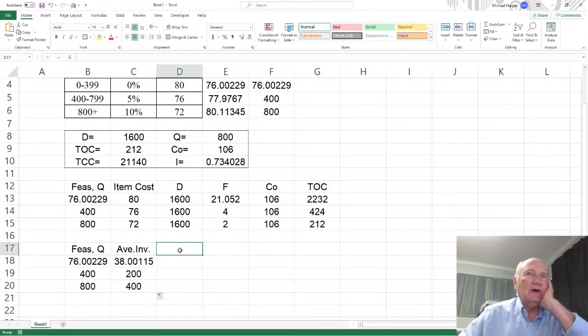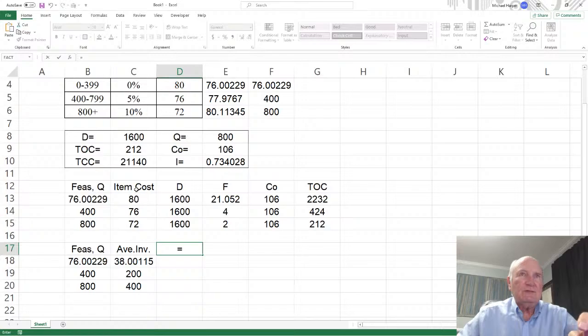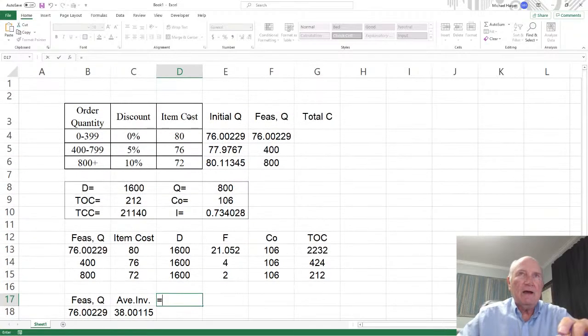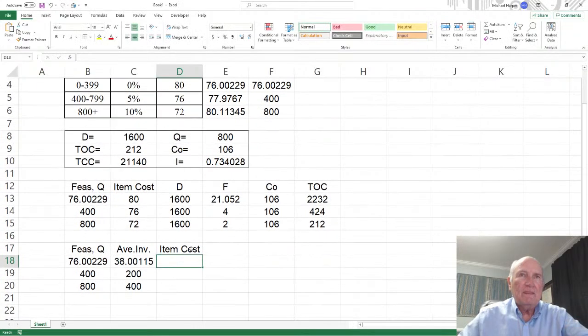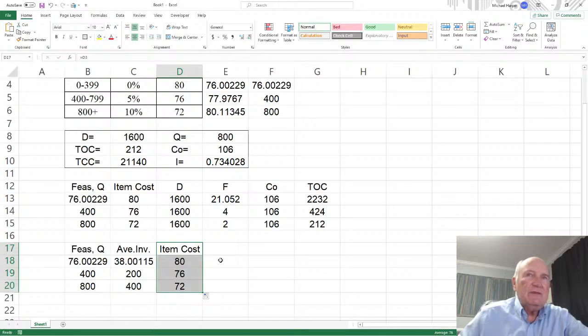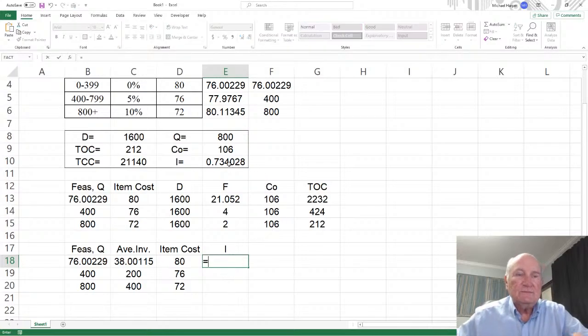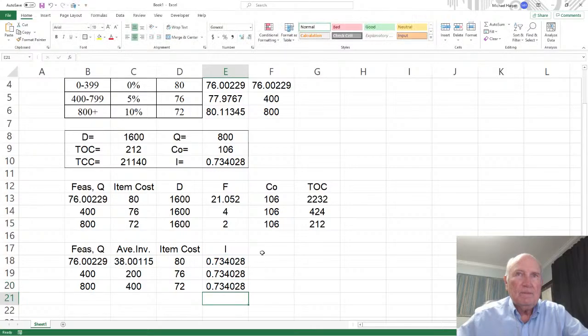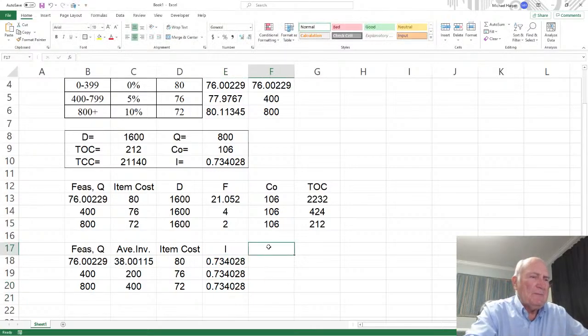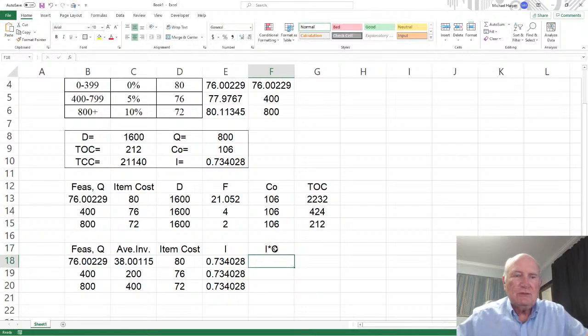Okay, then the item cost will equal this. Let me go ahead and do it this way. Item cost. Copy that down. Okay, then the I, which equals this. Now I'm going to go ahead and say I times C, just to do it this way.